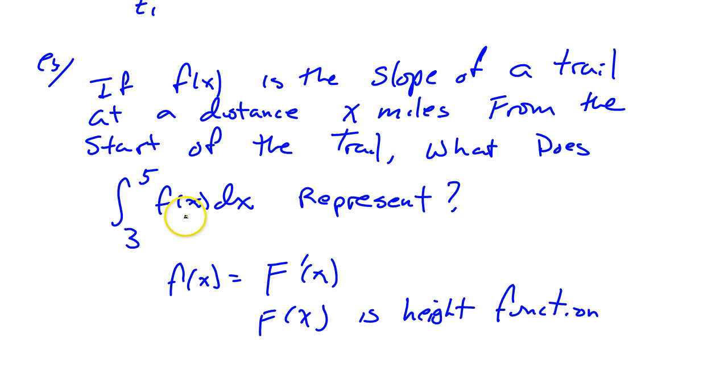So doing this integral here would find an antiderivative, which is the height function, plug in 5, plug in 3, and subtract. That would be the height at 5 miles down the trail and the height at 3 miles down the trail.